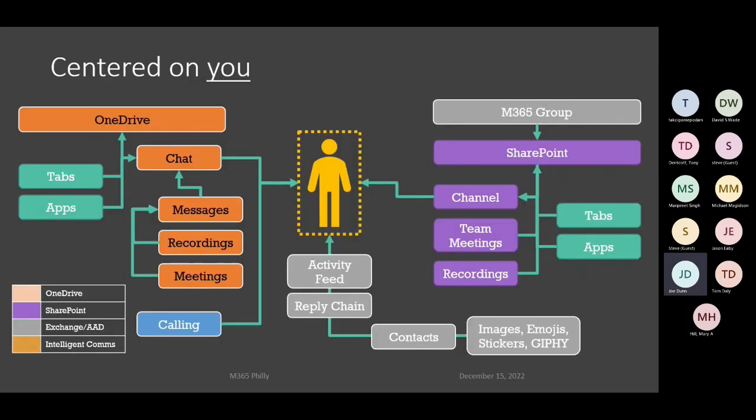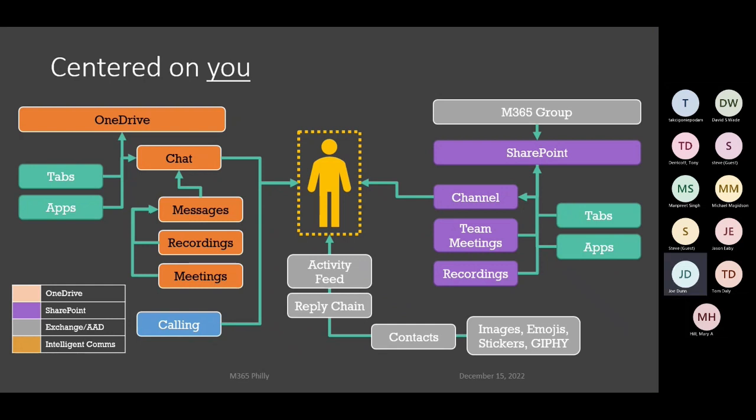Now we'll talk a little bit about the logical architecture of Teams and how they thought about it when they set it up. It's always going to be based on what you are doing in Teams. If it's a one-on-one chat with you, then those things are probably going to be found in OneDrive, because that's your storage.